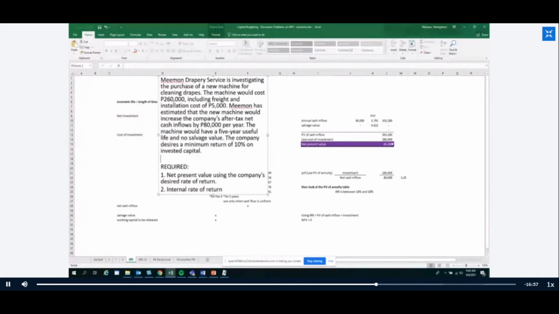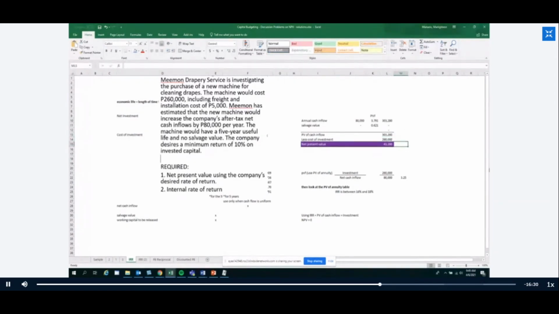Kung yun yung requirement number 1, ang pinapakompute na sa atin ngayon, internal rate of return. Okay? So, sabi natin, sa internal rate of return, ang present value of cash inflow is equal to the cost of investment. Okay? Kasi ang net present value mo is 0.